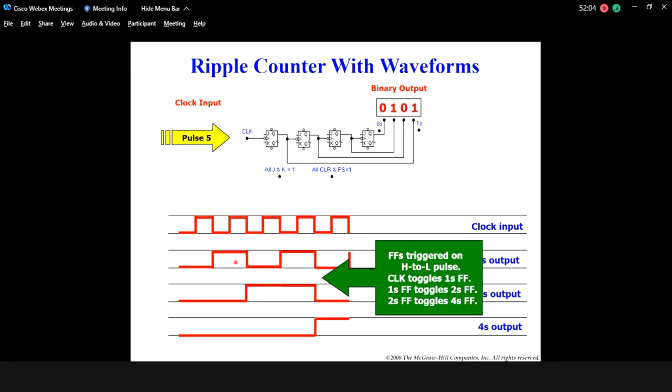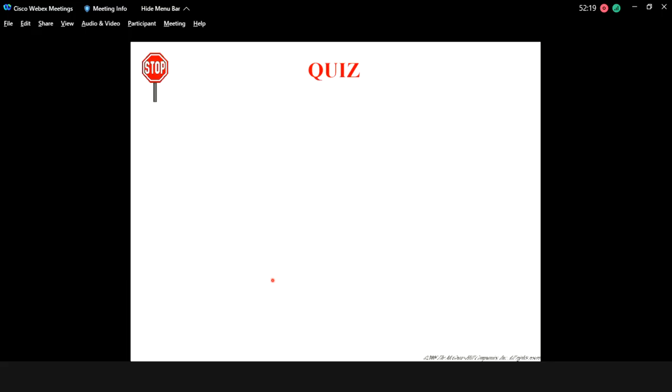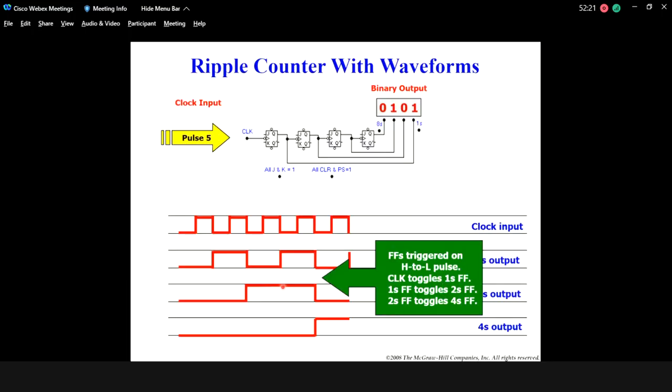The first flip-flop's frequency is half of the frequency of the clock, and the second flip-flop's frequency is half of the first flip-flop, or 1/4 of the clock. Why do we know it is 1/4? Because four pulses are needed to make one pulse, so the frequency will be 1/4, a quarter of the early frequency.